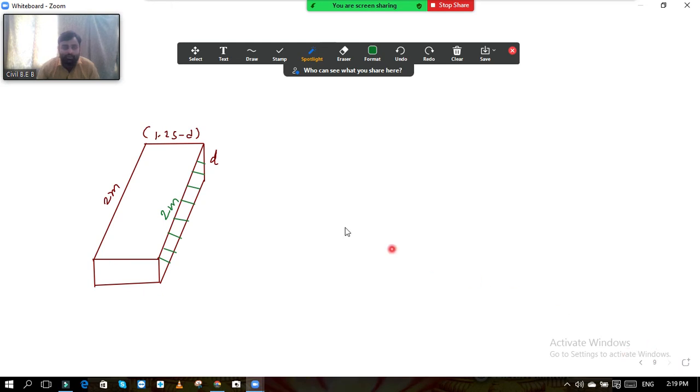So that area I will write over here. Area of contact, or area for one way shear also you can write. How much is it? It is 2 into d. So now V_UC, shear resisted by concrete, is 1118, your tau c, into 2 into d.